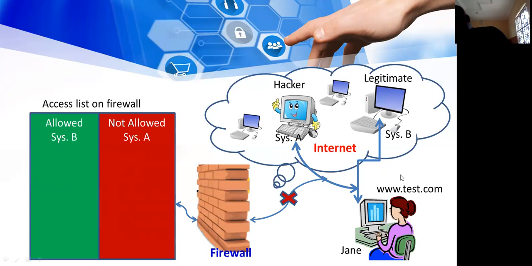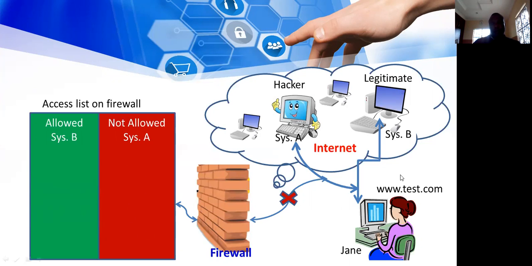And what this means is that there must be something that should be placed in between, such that it could filter those communications that we don't want into our network, and then allow those that we want into our network. So this kind of scenario brought about what we call firewalls, as our first line of defense.